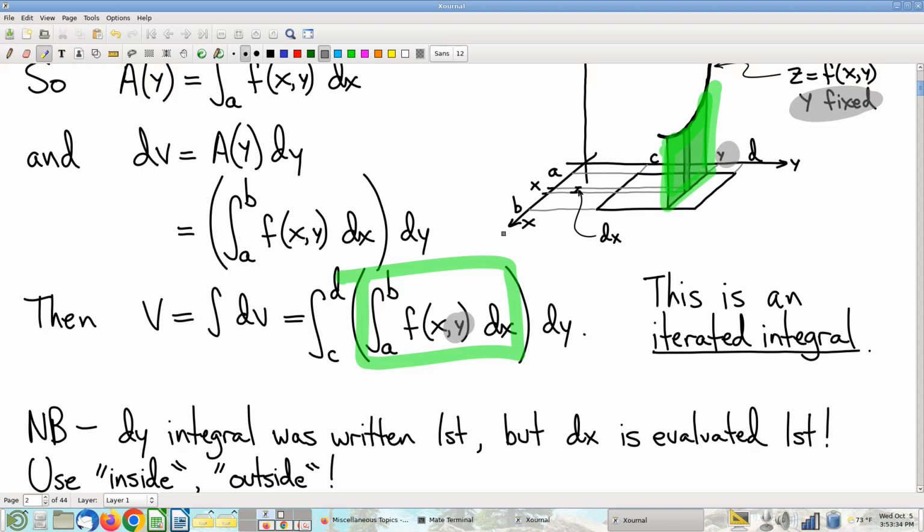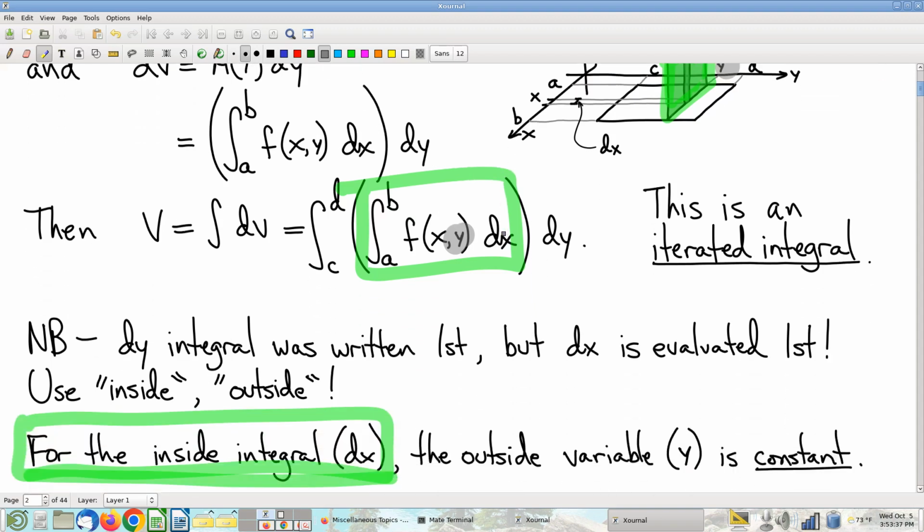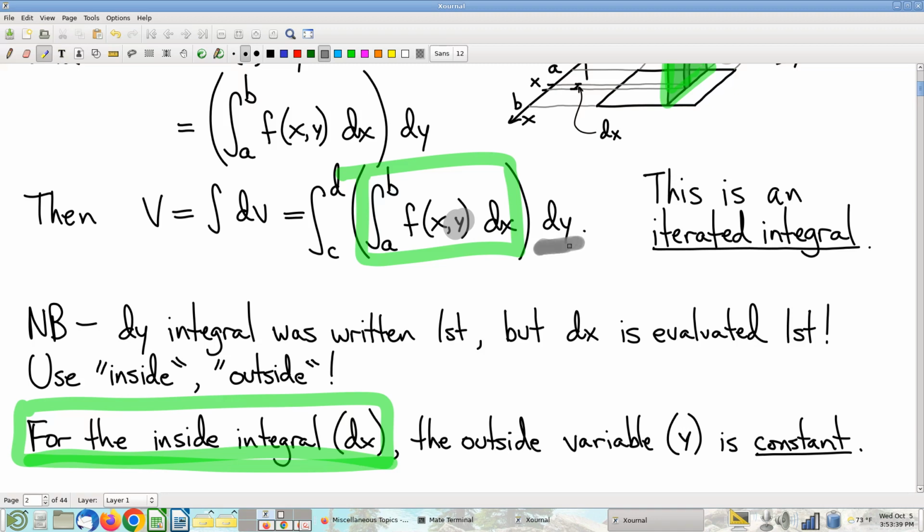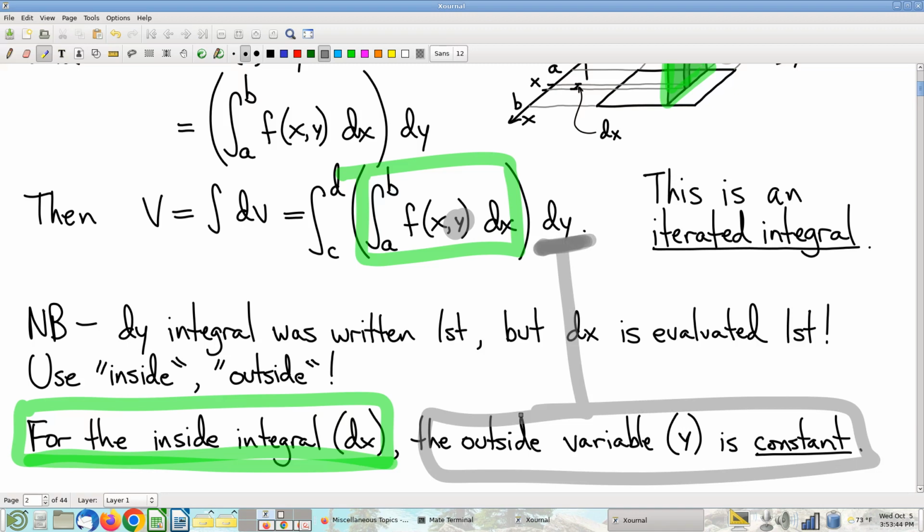I want to give you a slightly different point of view on it here, though. What that means is the outside variable, the variable for the outside integral, is the one that you have to treat as constant. So this is a nice memory tool. You don't have to think about the geometric picture every time. You can just remember the simple rule that when you're dealing with an inside integral, the outside variable is to be treated as a constant. Is everybody happy with that? And that works whether you do it the other way or whether you do it this way.